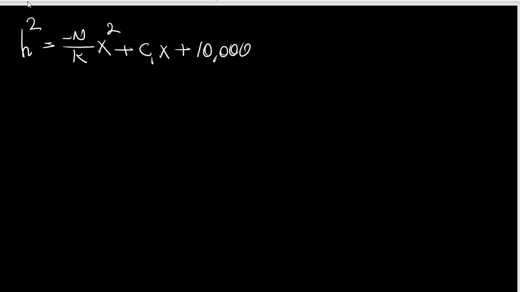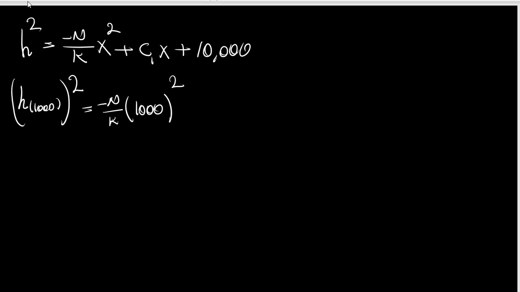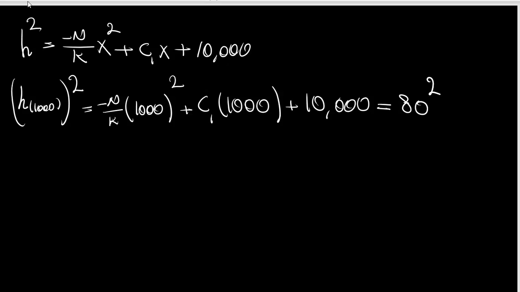Now if I use the second boundary condition at the ocean, I would say that at h, 1000 everything raised to the power of 2 equals negative n over k times 10,000 square plus c1 times 10,000 plus 10,000, and this equals 80 square.